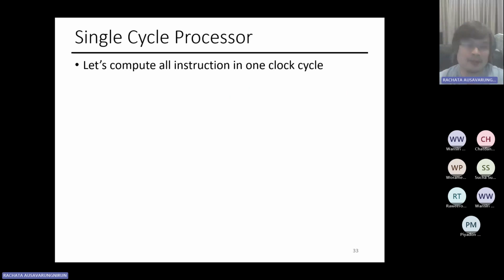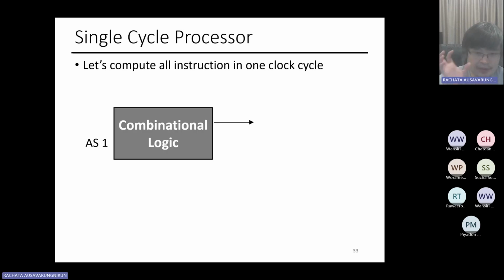In a single cycle processor, which is the simplest form of processor design, I want to compute everything in one cycle. The design is that I want to get from AS1 to AS2 in one cycle, and that's it. Why is it simple? Well, everything happens at once, with no intermediate steps.